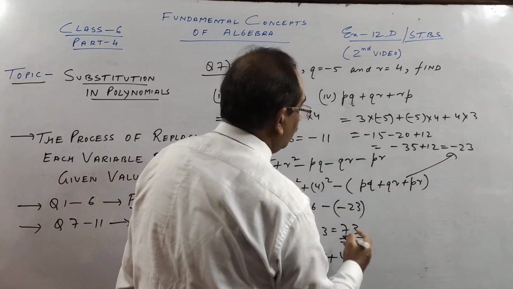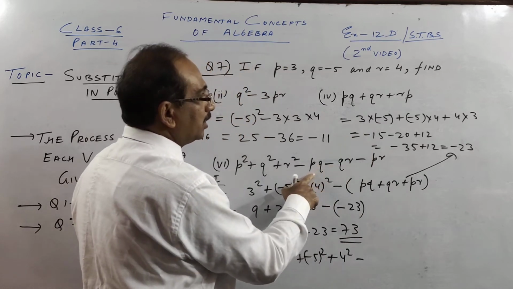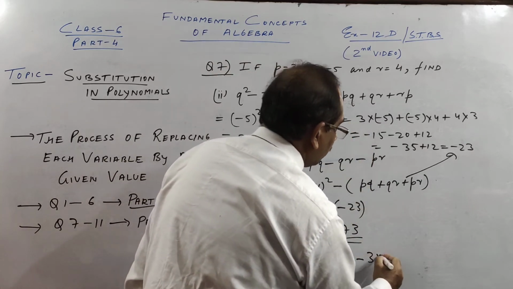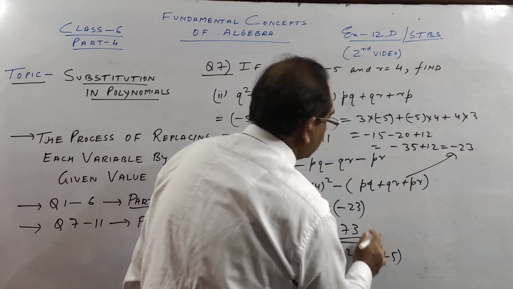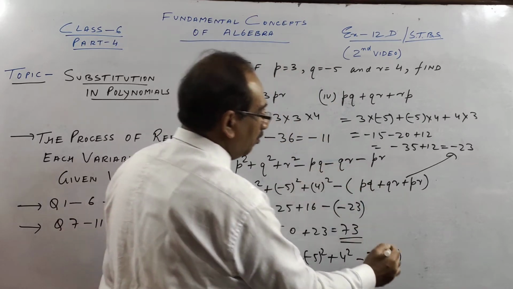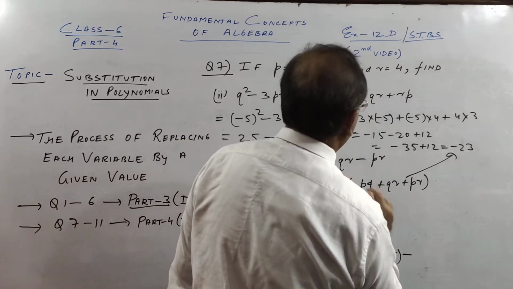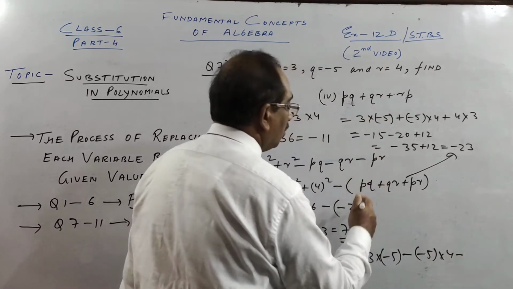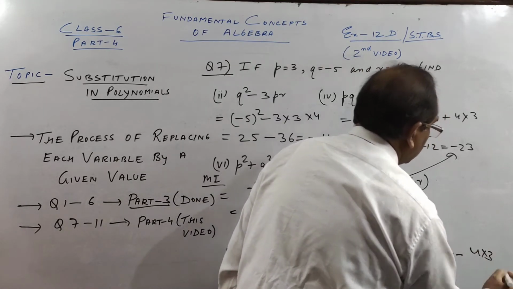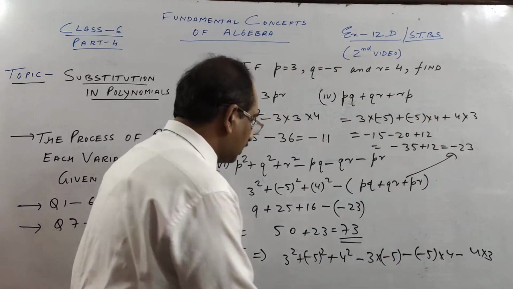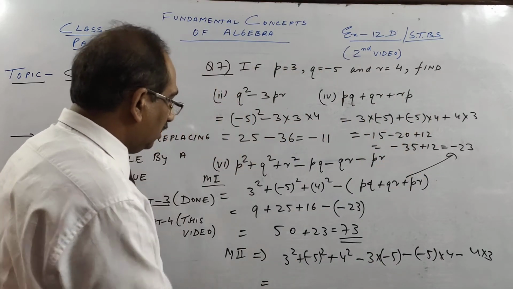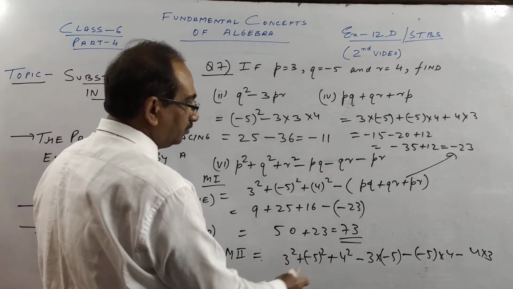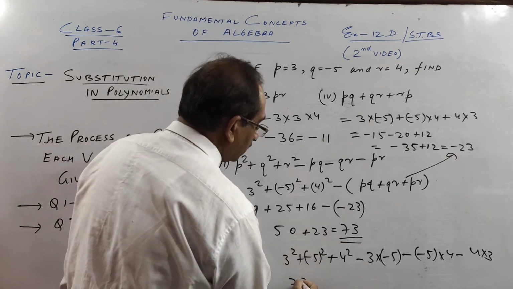But here each value we have, minus pq, so minus pq, I substitute p and q, minus qr, minus 5 into 4, minus pr, 4 into 3. All similar with the minus sign. When you calculate this, children, you will also get 73.